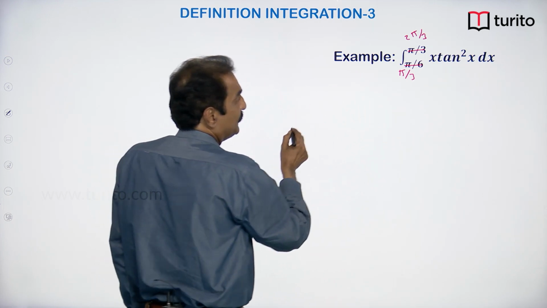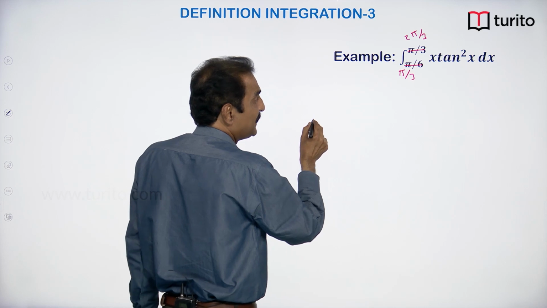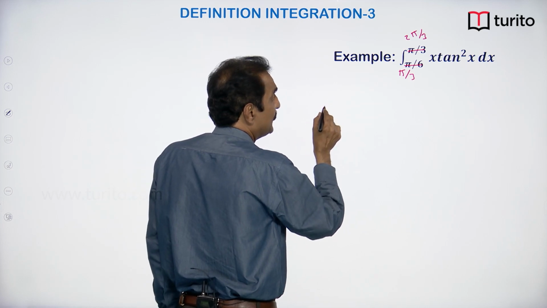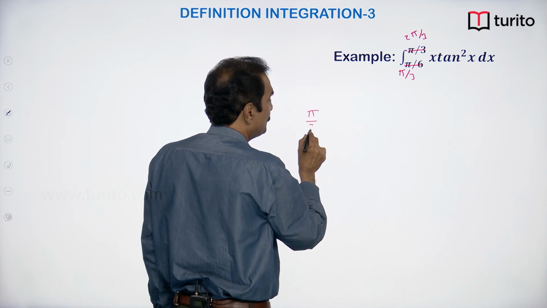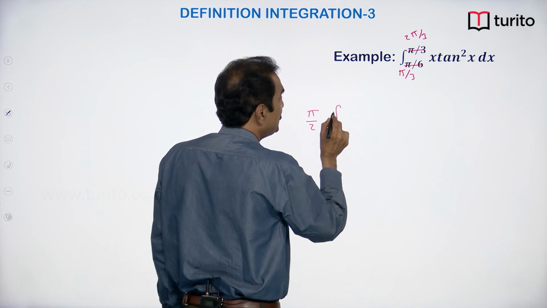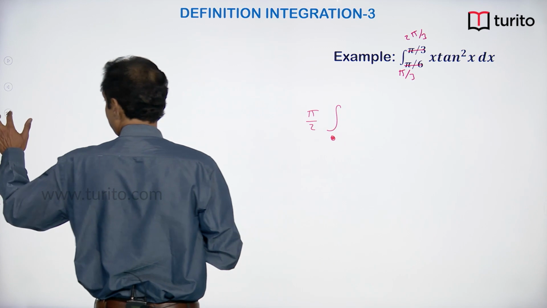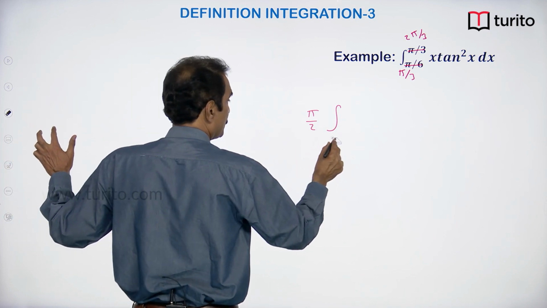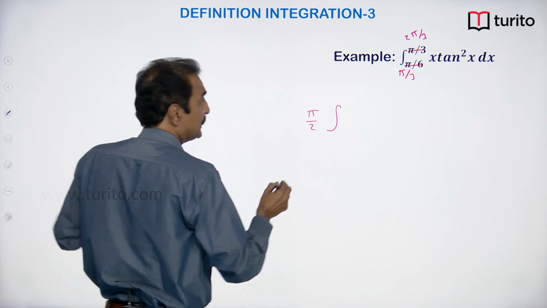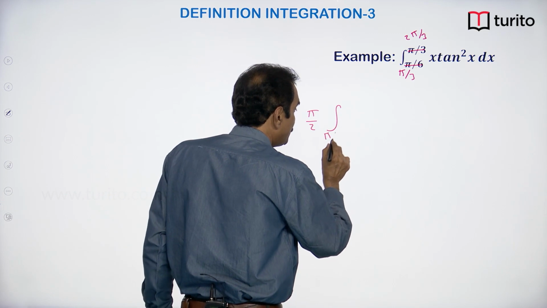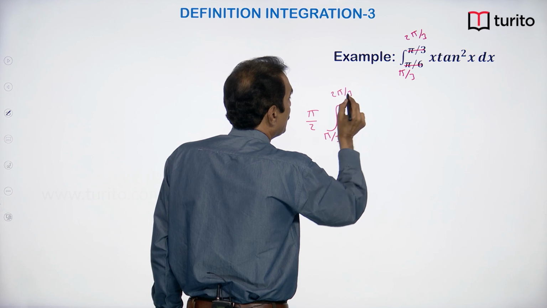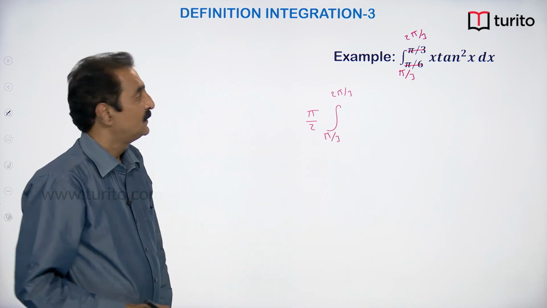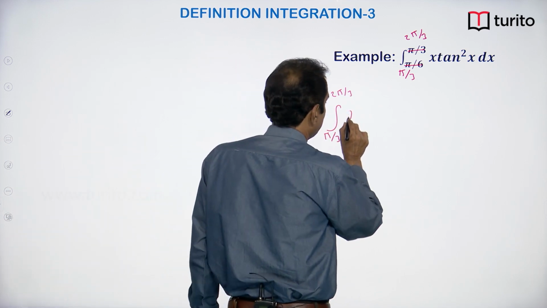So, we can eliminate that x and multiply by a plus b by 2. What is a plus b by 2? Pi by 2. Pi by 2 integral pi by 3 to 2 pi by 3 tan square x.